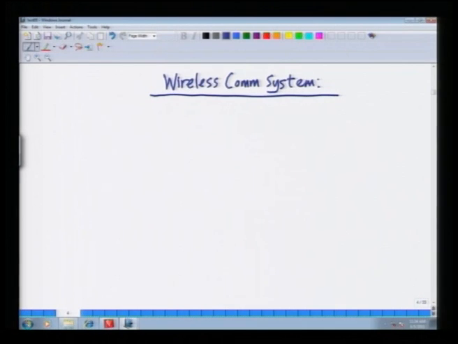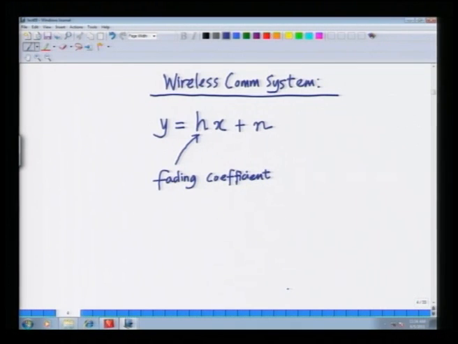Let me start with a wireless communication system. We said in a wireless communication system, there are two aspects, that is y equals hx plus n, that is the system model. Now, h is the fading coefficient, and n is the noise.